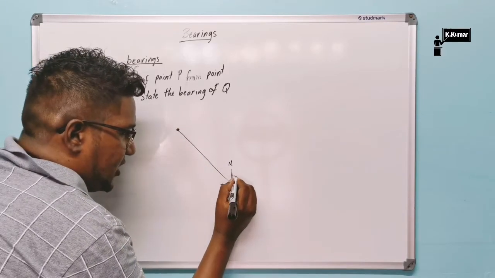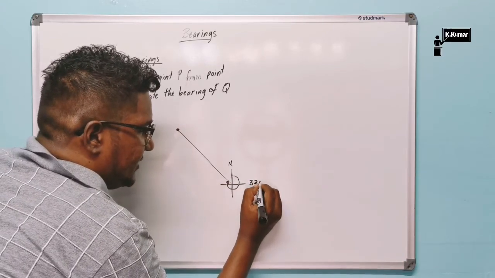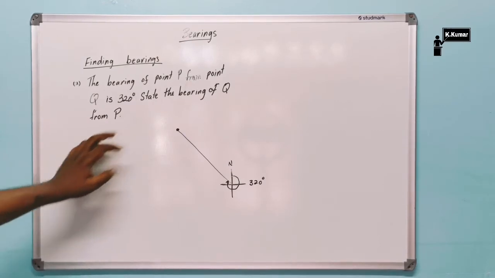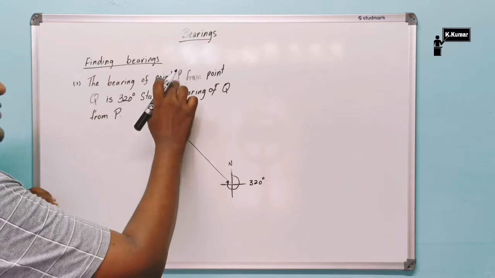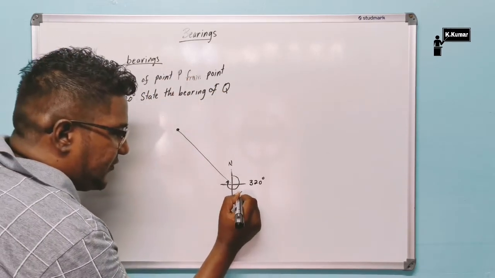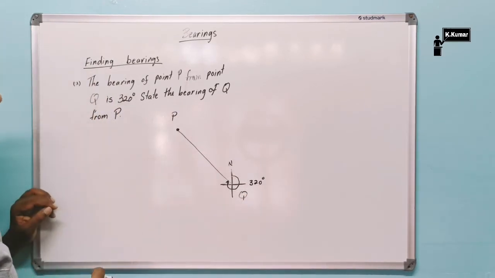So from north coming all the way around here would be 320 degrees, right? Now they want the bearing of the point P from the point Q. So from point Q, P is 320 degrees.